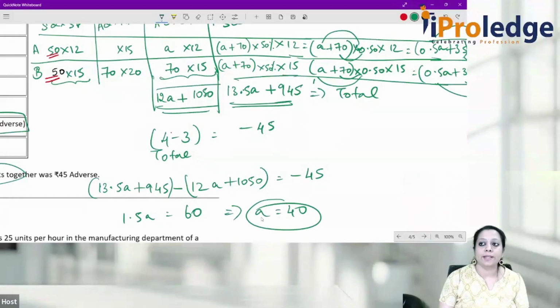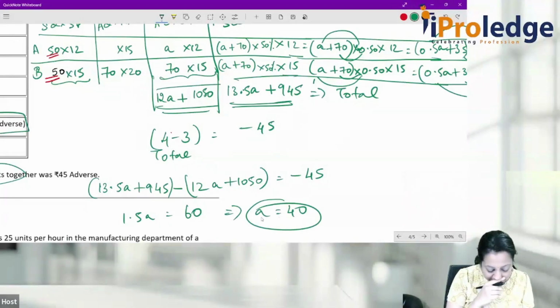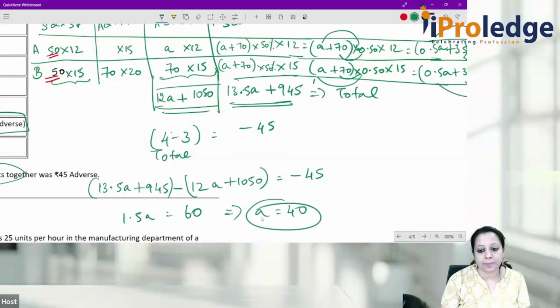So now shall we proceed, everyone? What is A, students? Already we have written. Actual quantity of material A is 40. Now can we proceed, everyone?